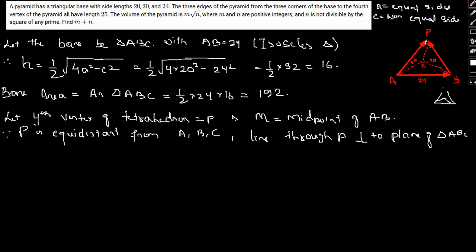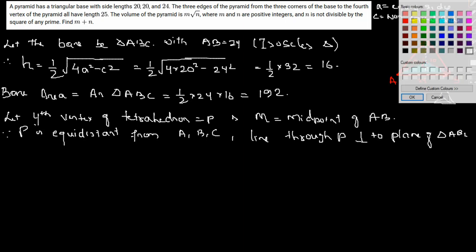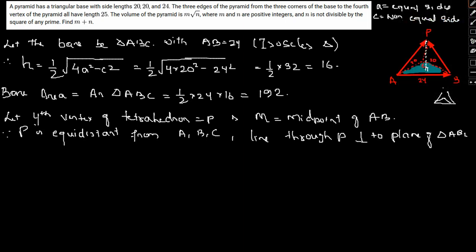If we draw a line straight through P, it will be perpendicular to this particular plane. I hope this is clear. It will also pass through the circumcenter of the triangle, since it is an isosceles triangle. Let's call this particular point O.